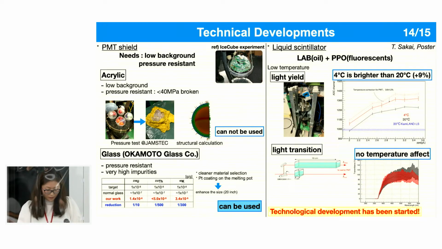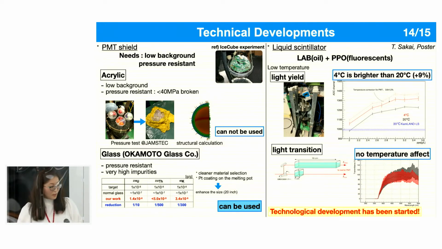Okay, briefly, I'll show you the current technical development. As I said, we need a shield for the PMT itself. We tried to use some acrylic, but it doesn't work. And also a glass shield, we could get very clean glass, and we are trying to make a larger size to contain a 20-inch PMT.